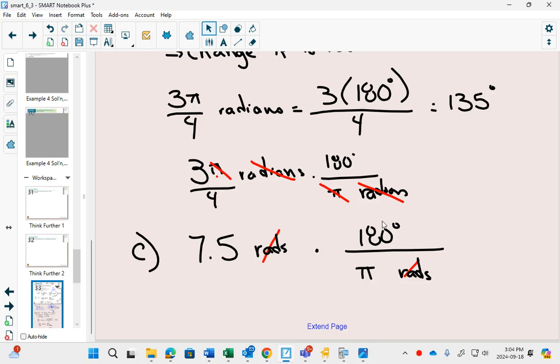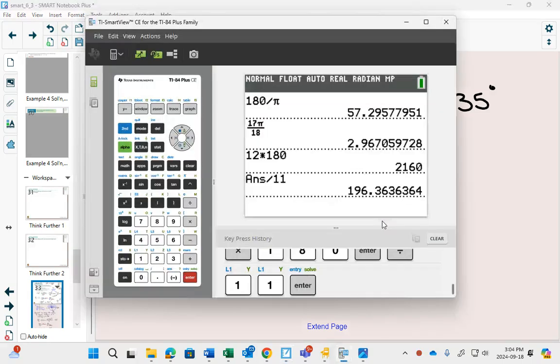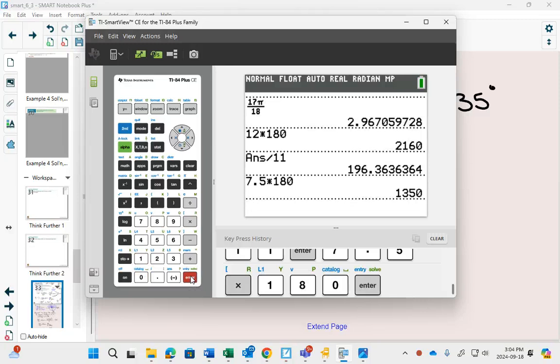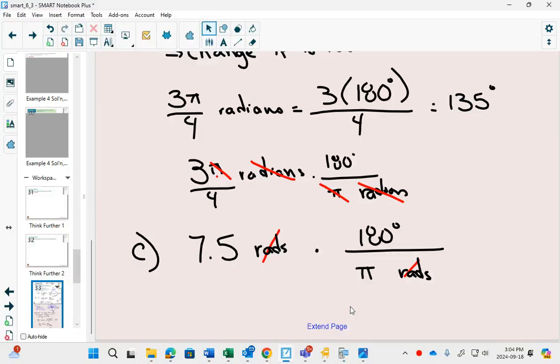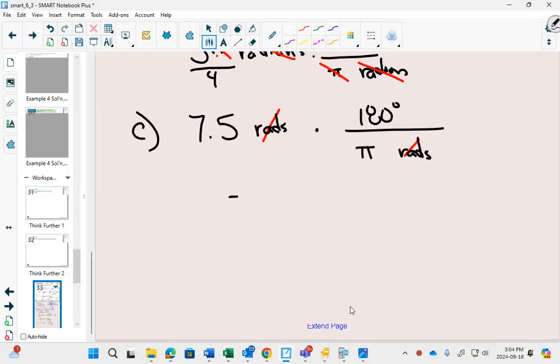Okay. Questions? Oh, we should actually simplify this. So if I do 7.5 times 180, 1350. This technically is the exact value, if the question asks for an exact value, and I'm now in degrees, so I have to include my degree sign.